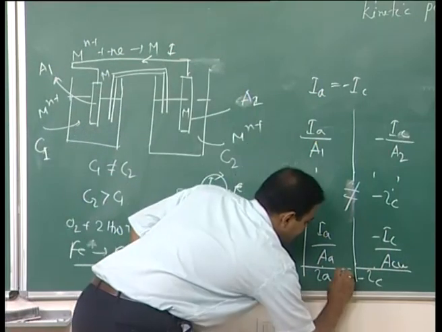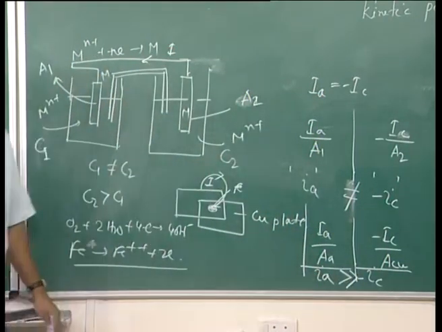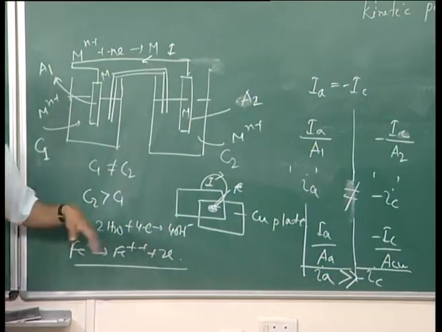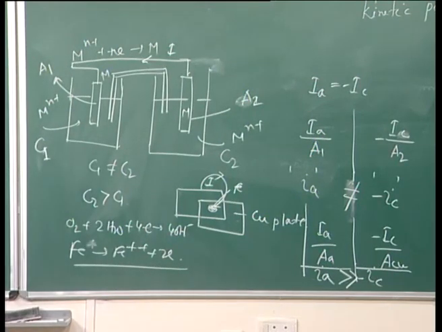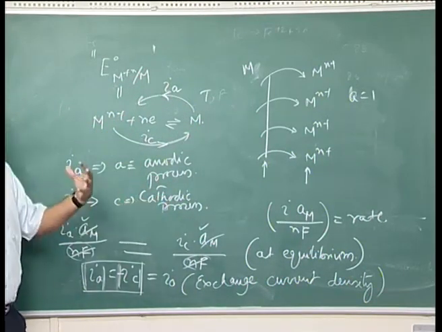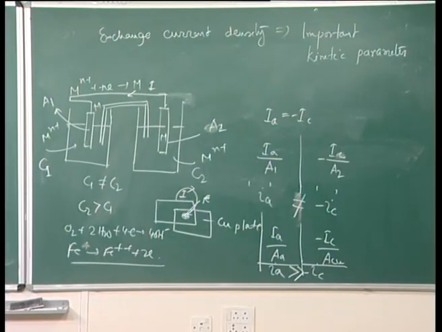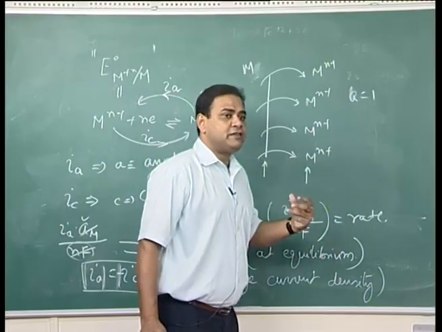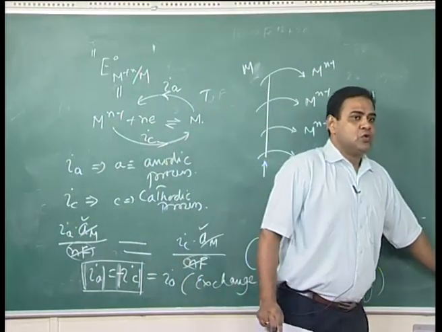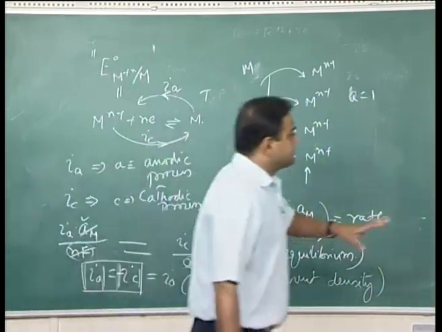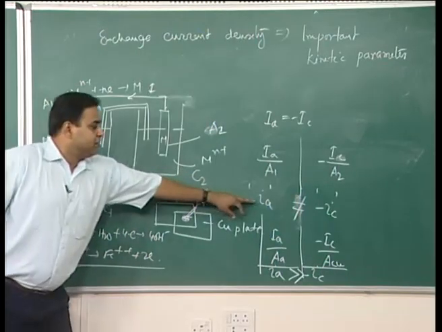So IA would be very, very large compared to IC. IA is the rate at which the anodic reaction is taking place. If IA is very large compared to the current density on the cathodic surface, then the corrosion rate of iron would be enhanced to a great extent. So now you understand the importance of current density.